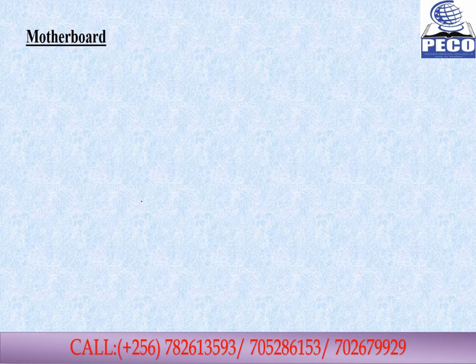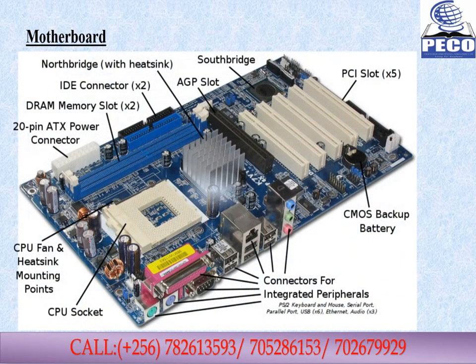Now, the other internal component found visibly in the system unit is the motherboard. The motherboard is not a single functional device. You can't really say that the motherboard is doing a particular role apart from holding several components that are within the system unit.